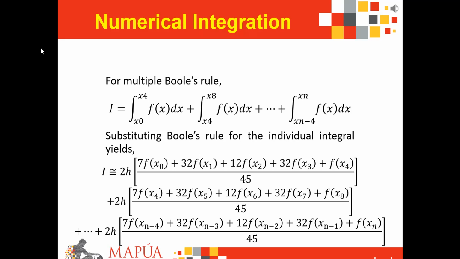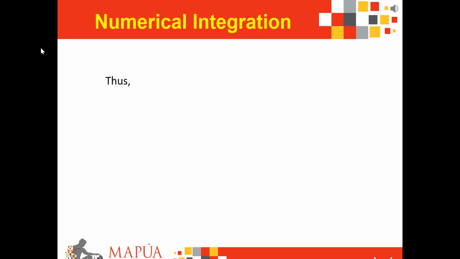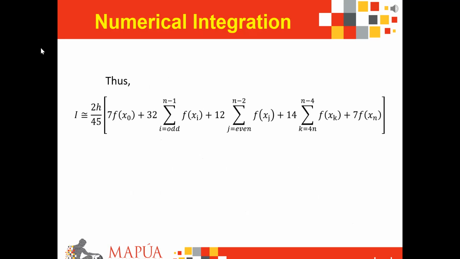Factoring out this common factor 2h over 45 gives us a sequence of our function equivalent to multiplying the first and the last function by 7, multiplying all odd subscript functions by 32, multiplying all even functions by 12, and then multiplying all functions that are multiples of 4 by 14, since these are adjacent functions.